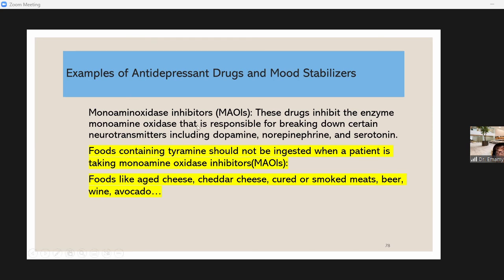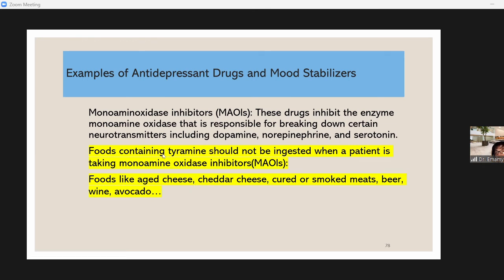Foods that have tyramine. Tyramine is an amino acid that may cause a severe increase in blood pressure. So a patient who takes a monoamine oxidase inhibitor shouldn't take cheddar cheese, old cheese, smoked meat, wine, or avocado, because these foods have a high level of tyramine. And tyramine plus monoamine oxidase inhibitors raises your patient's blood pressure to 200 millimeters of mercury.